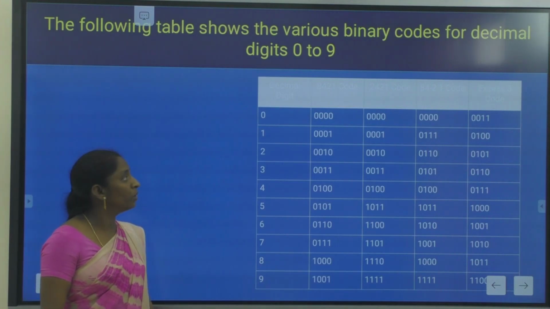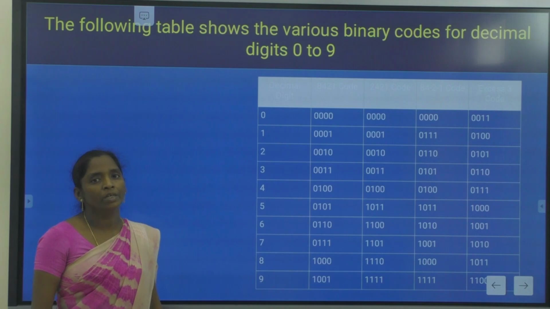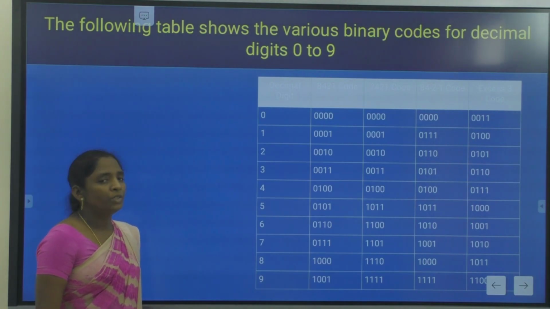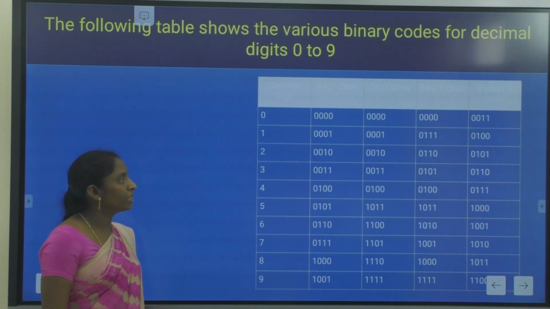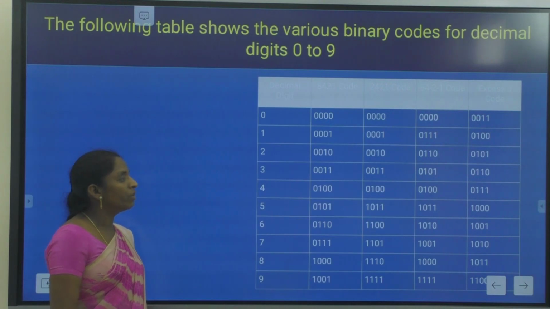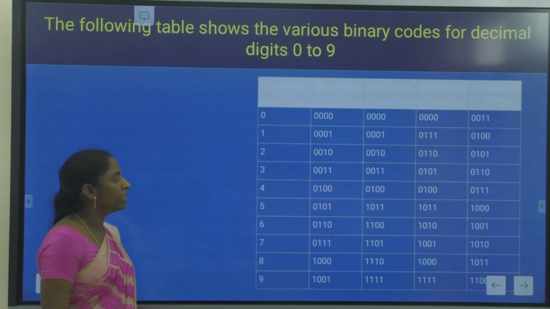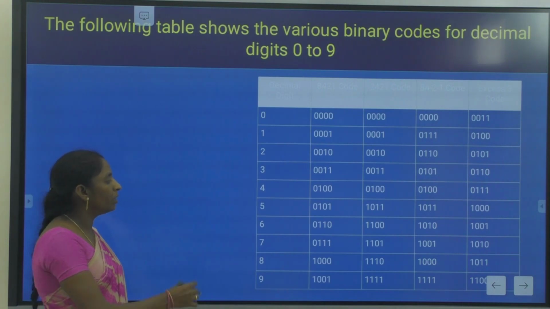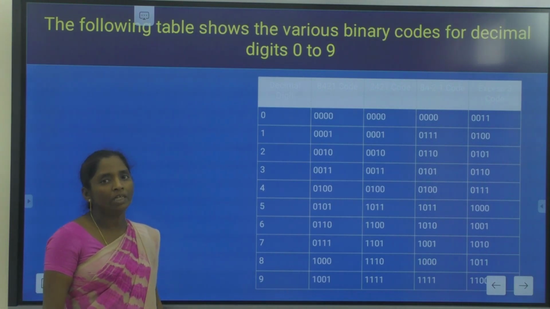So the BCD code for decimal digit 0 is 0000, for 1 is 0001, for 2 is 0010, for 3 is 0011, for 4 is 0100, and for 5 is 0101. Like that we are taking the positional values till 9.